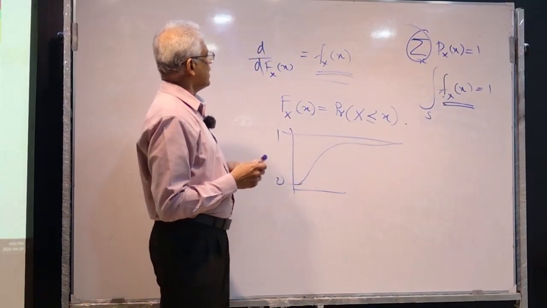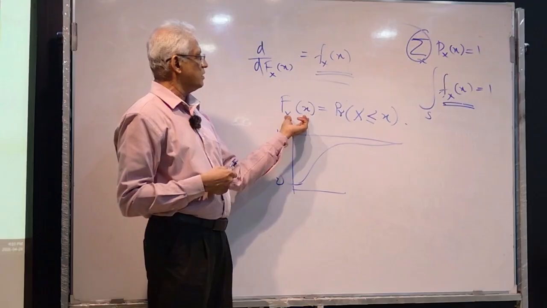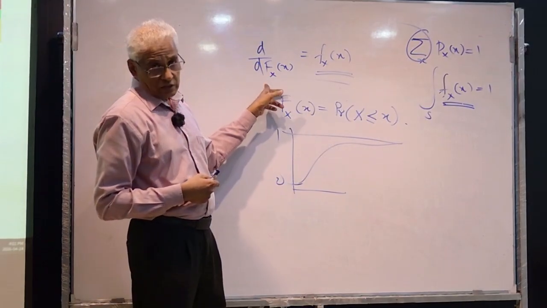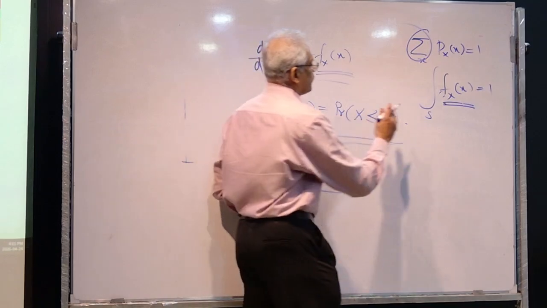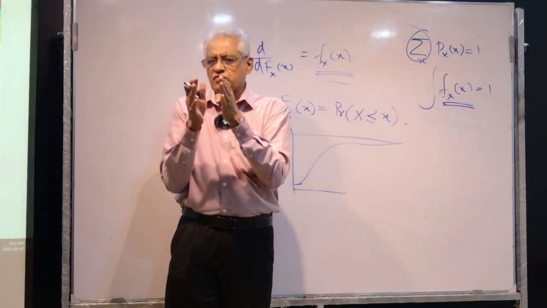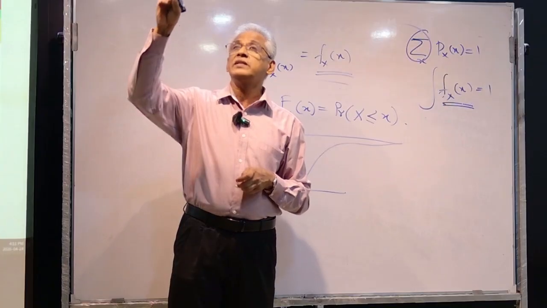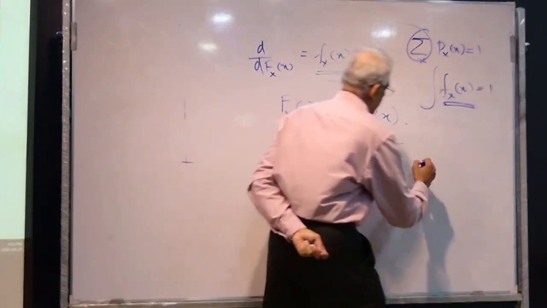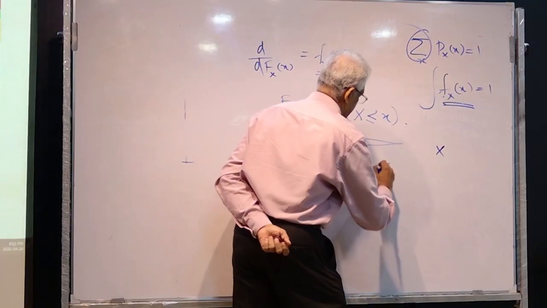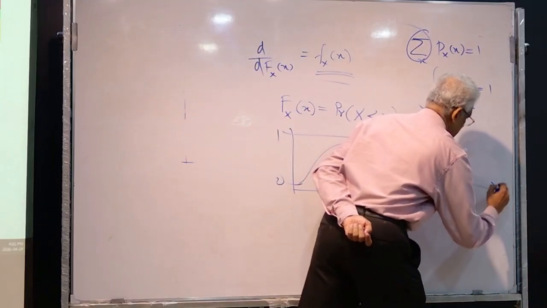And we can show that if you integrate this function over some restricted interval, you will get the probability that X will be in that interval.